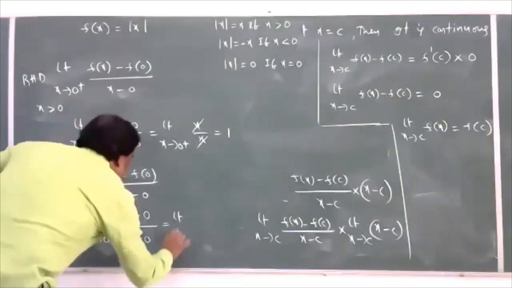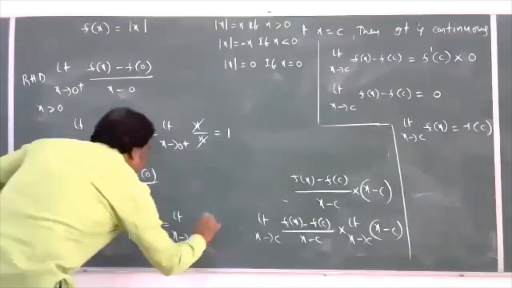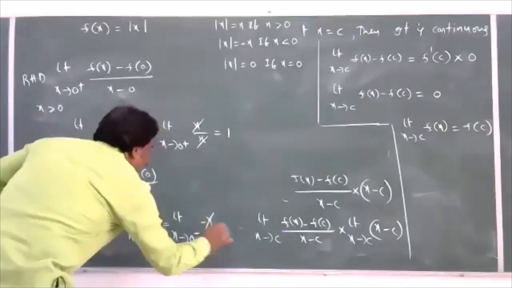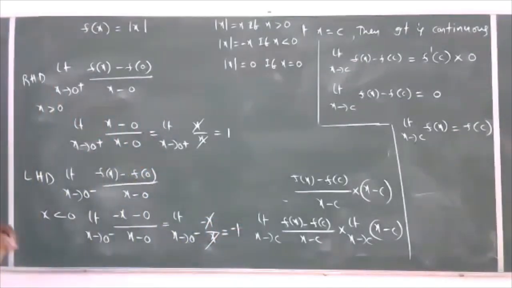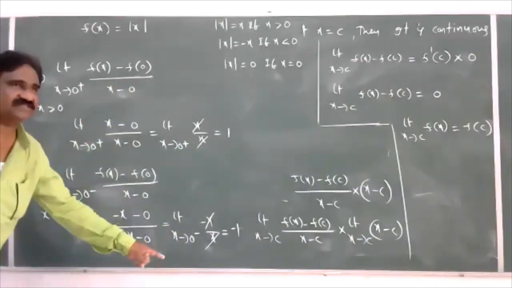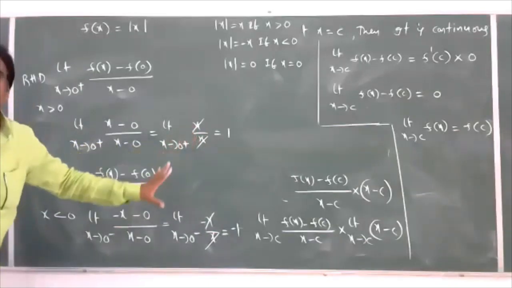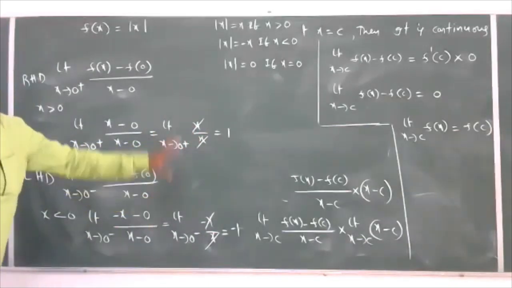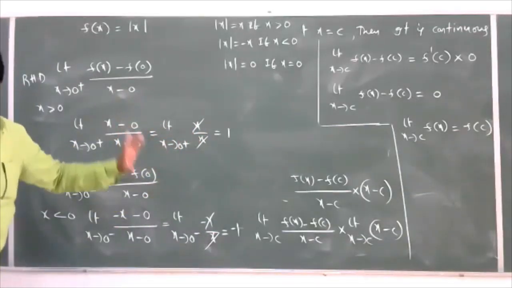That is limit x tends to 0 minus of minus x by x. Then you get minus 1. So right hand derivative is plus 1, left hand derivative is minus 1. So left hand derivative is not equal to right hand derivative. That's why it is not differentiable.